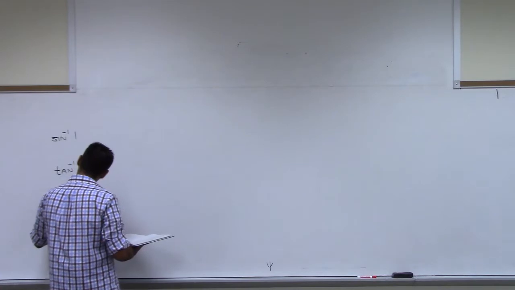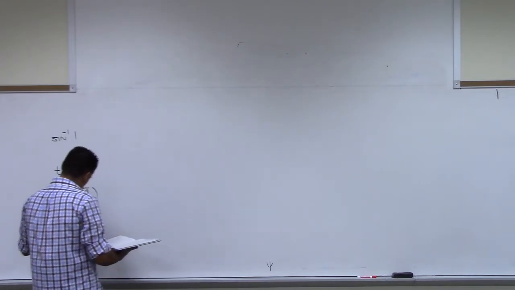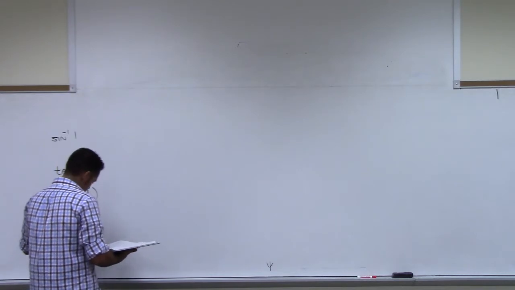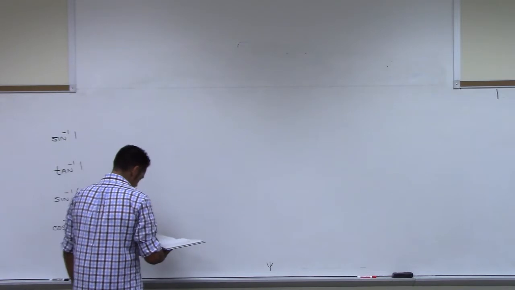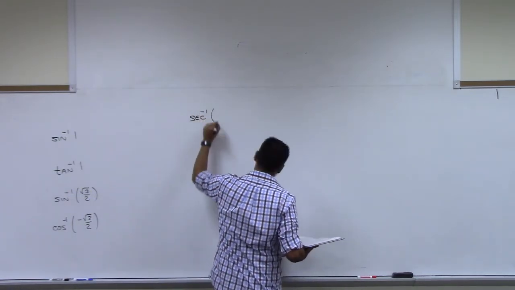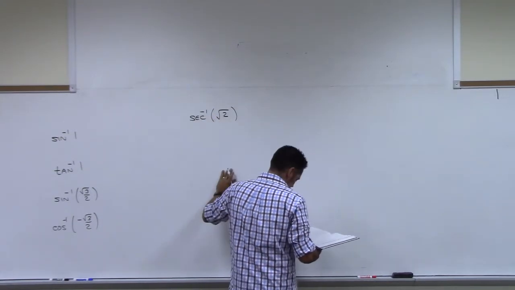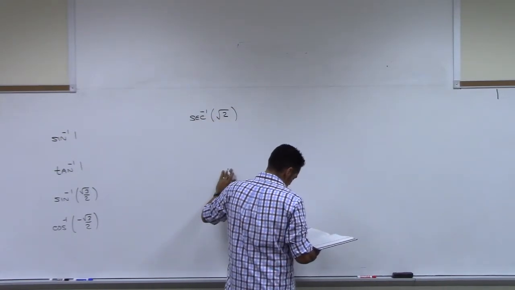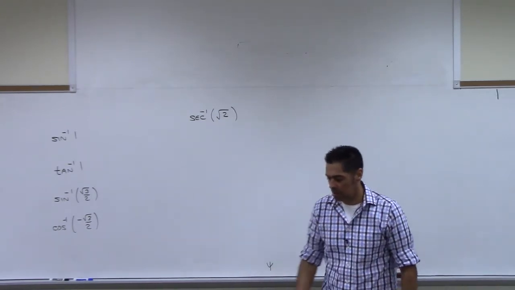What's arcsine of root 3 over 2? What's arccosine of negative root 3 over 2? What's secant inverse of root 2? All right, so these we should be able to go through pretty quickly.